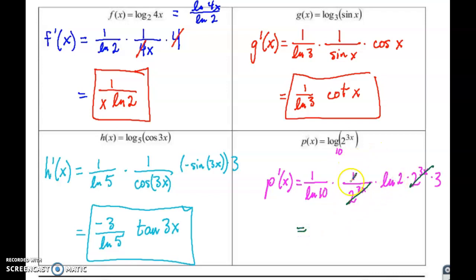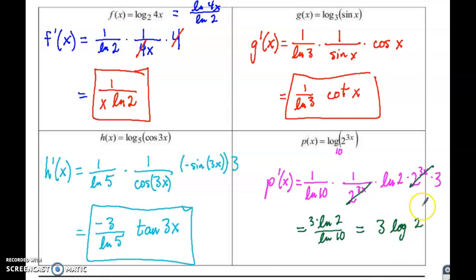And you could actually rewrite this using change of base. Let me just write it for a second. Natural log of 2 over natural log of 10 times 3 is equal to 3 log base 10, which you don't have to write, of 2.